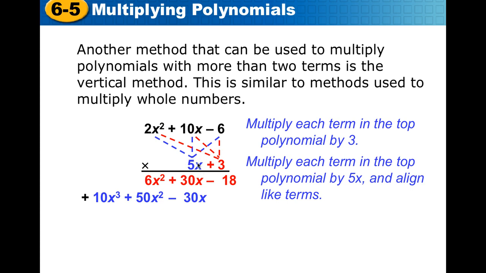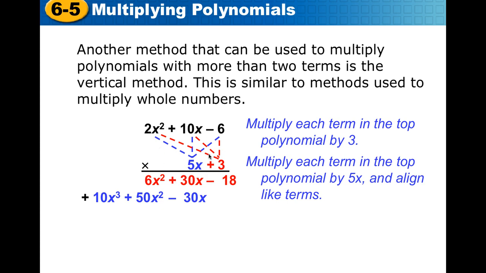Then you're going to look at your 5x and multiply it by, again, anything on top. So it's negative 6, 10x, and 2x squared, leaving a space right here. Hopefully, this is bringing back memories from when you did vertical math in middle school. This is very similar.